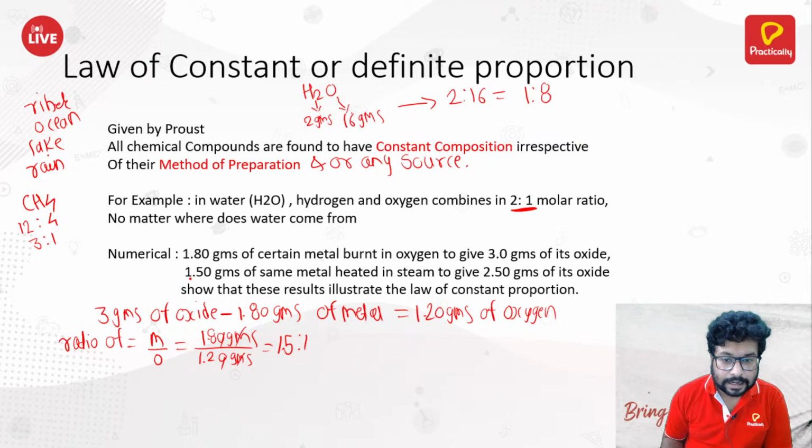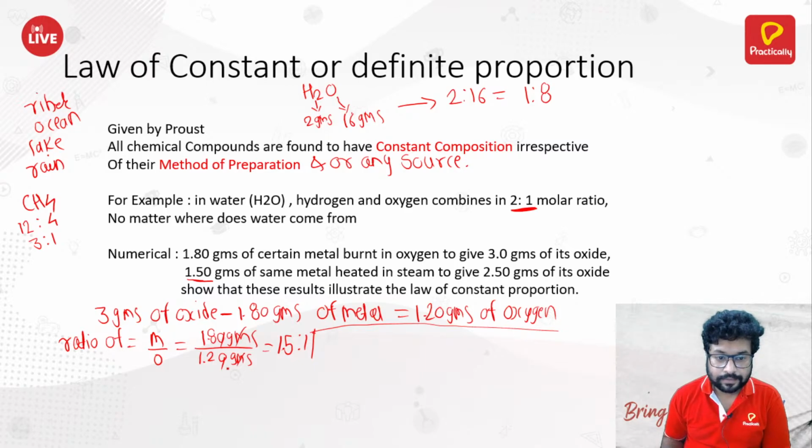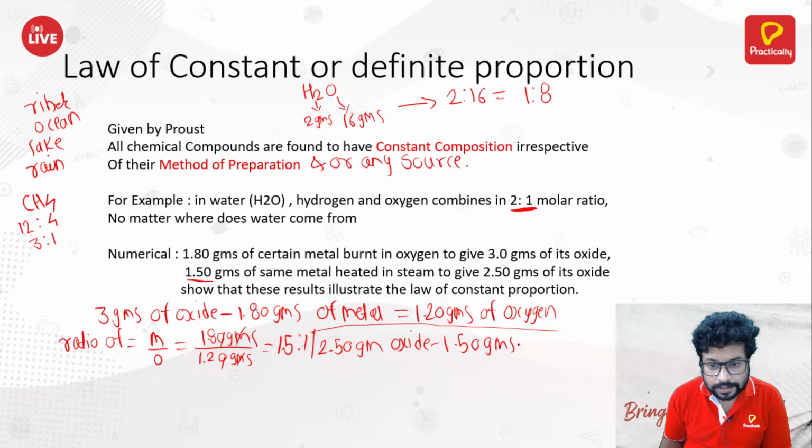Let's take another example, this one. Here 1.50 grams of same metal heated with steam to give 2.50 grams of its oxide. So here you have 2.50 grams of oxide minus 1.50 grams of metal. You would get 1 gram of oxygen.